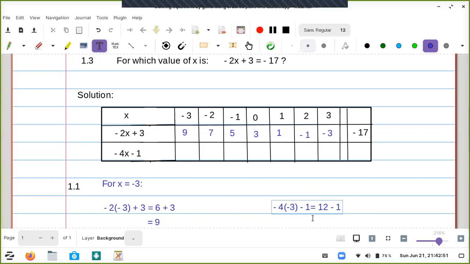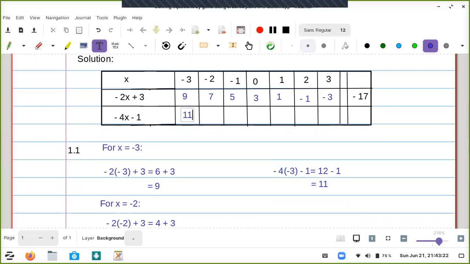Then we are going to come up with 12 minus 1, then we come up with 11, which means here my value is 11. That's for x equals to minus 2, sorry, minus 3.